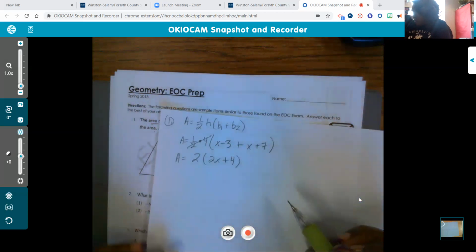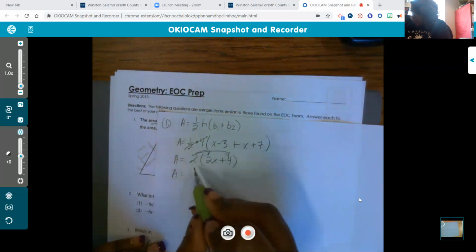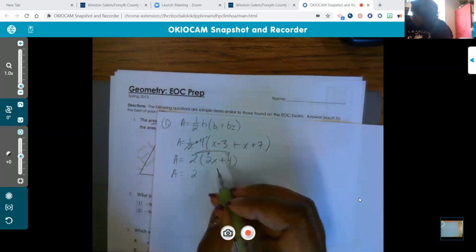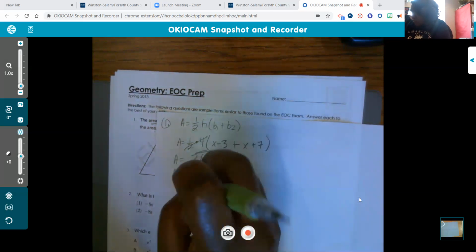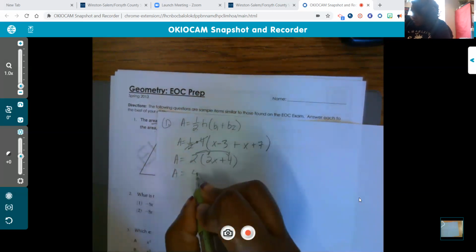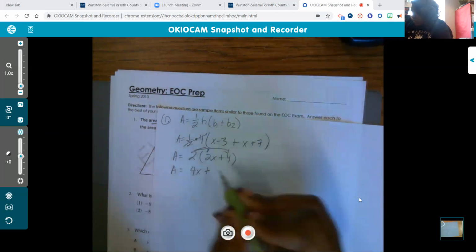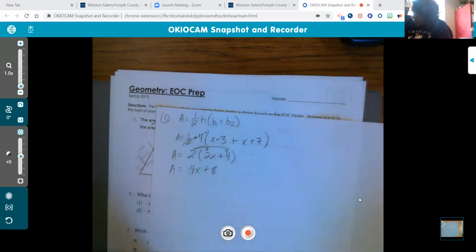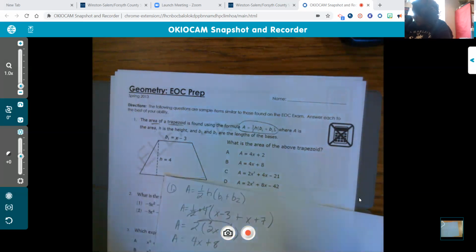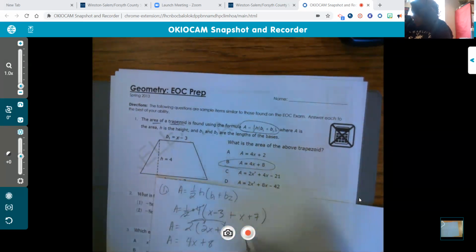Now this is the distributive property, so we're going to multiply. 2 times 2x is 4x, and 2 times 4 gives me 8. And so that's my area there, and my answer is going to be B. So I'm going to put B on my paper, box it in, and move on.